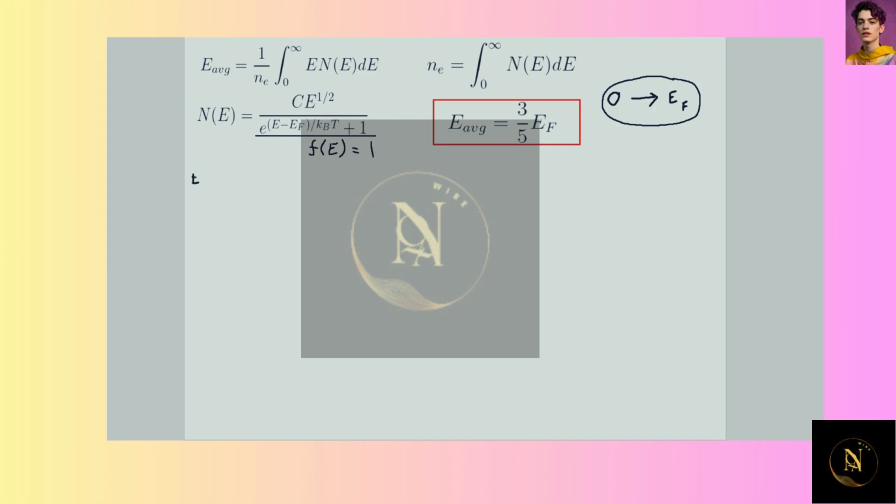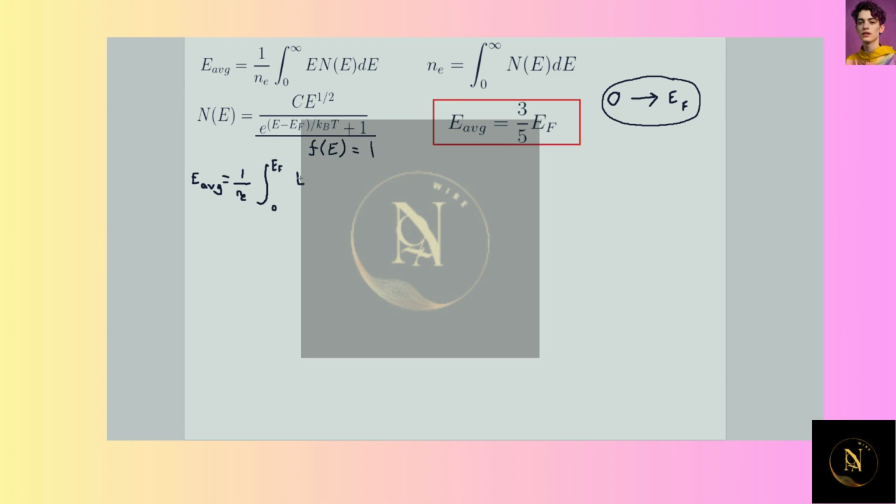So we'll start by saying that, also apologies in advance about my handwriting, I'm trying to write this out with a mouse, our average kinetic energy will be equal to 1 over our number density n subscript e multiplied by the integral, and remember we're only interested in values with a maximum of the Fermi energy and 0.